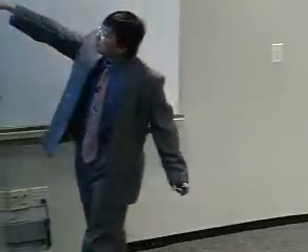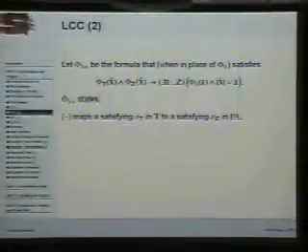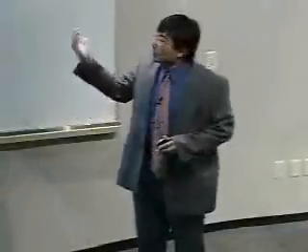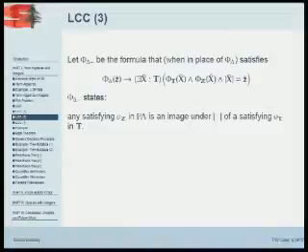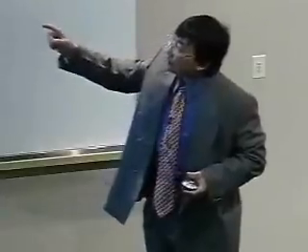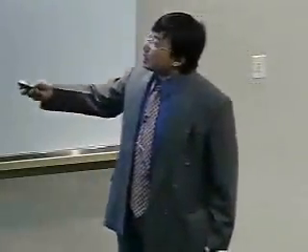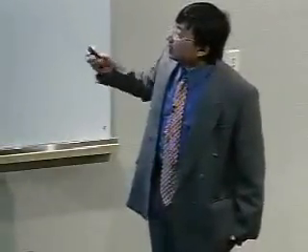If the left-hand side is satisfiable, then there exists an integer assignment. Basically, the length function maps a satisfying assignment in the term domain to a satisfying assignment in the integer domain. For the reverse direction, we call phi delta minus the formula satisfying the second condition in place of phi delta. It states that any satisfying integer assignment is an image under the length function of a satisfying data assignment.